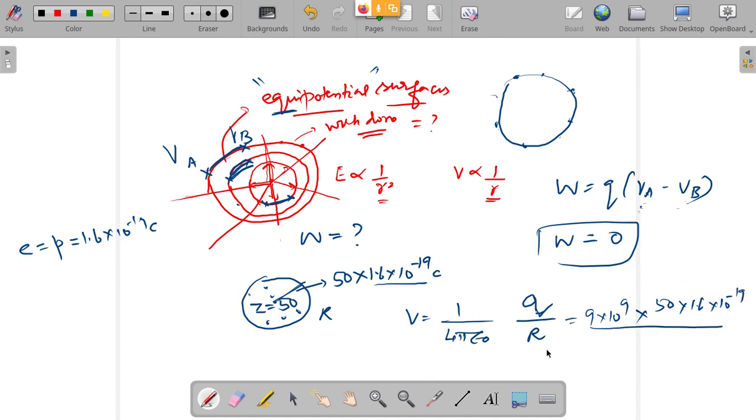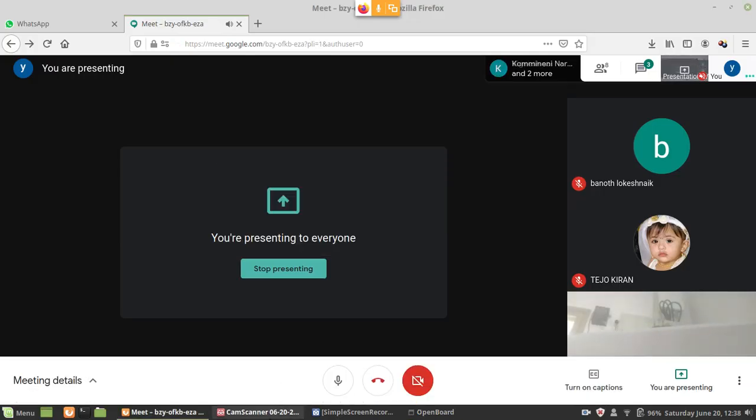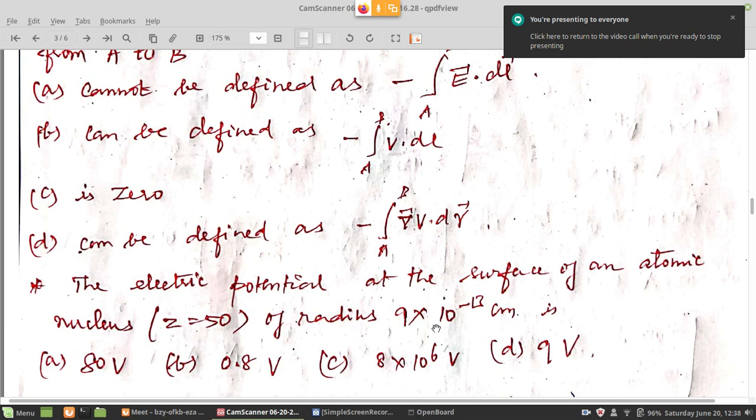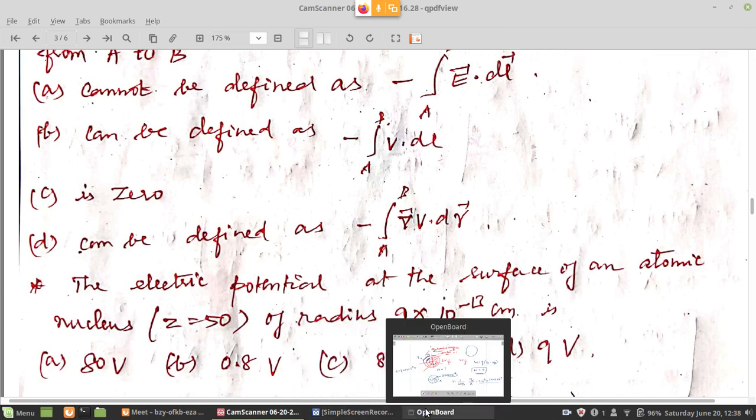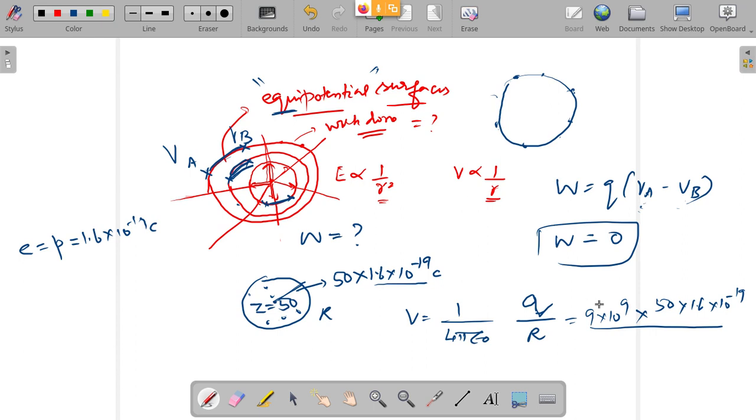R is how much here given? R is given in the question as 9 into 10 power minus 13 centimeters, right? So you have to write 9 into 10 power minus 15 meters.